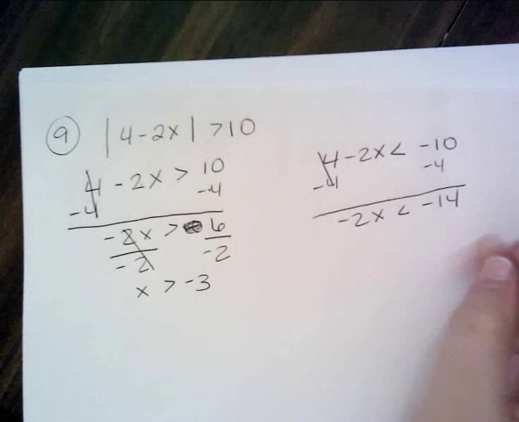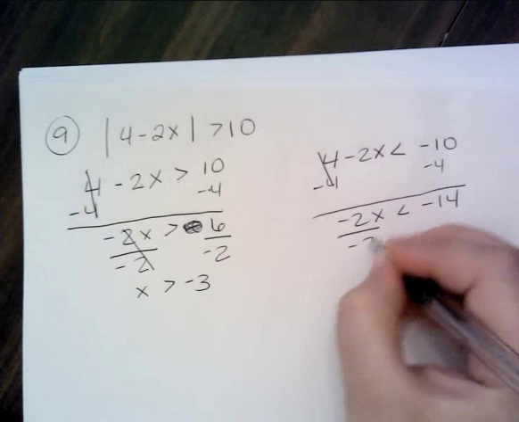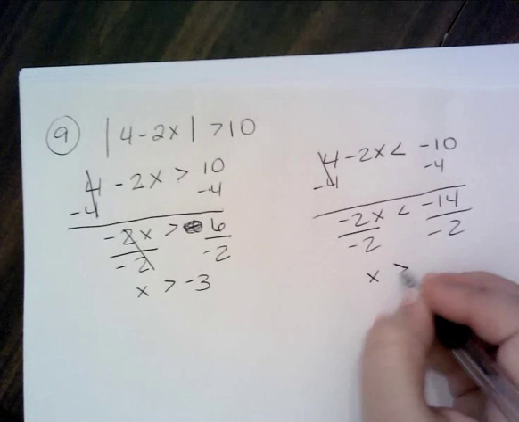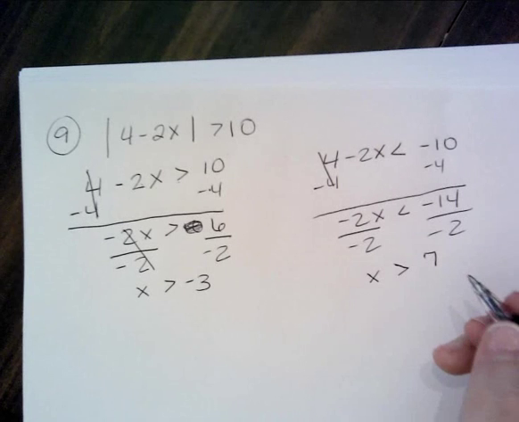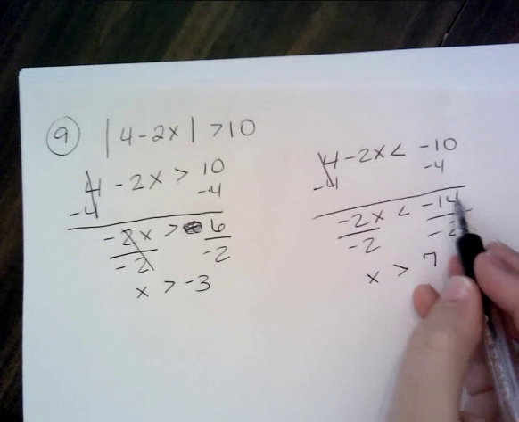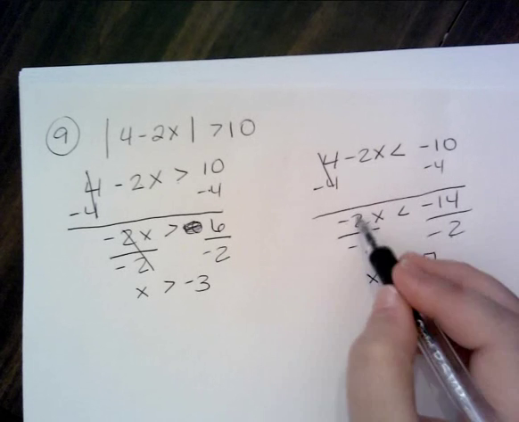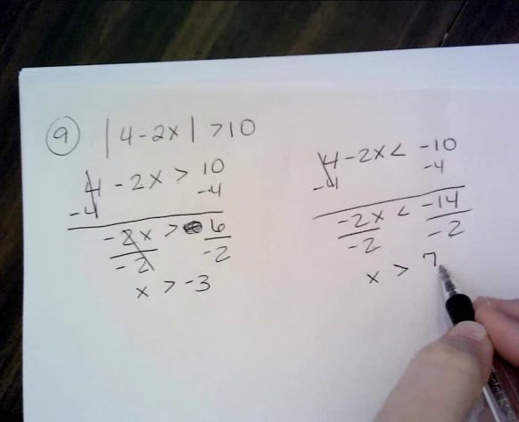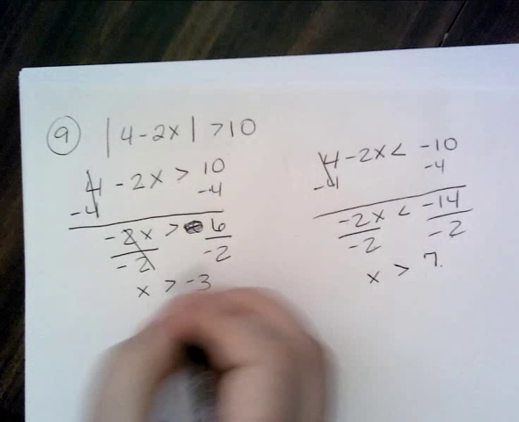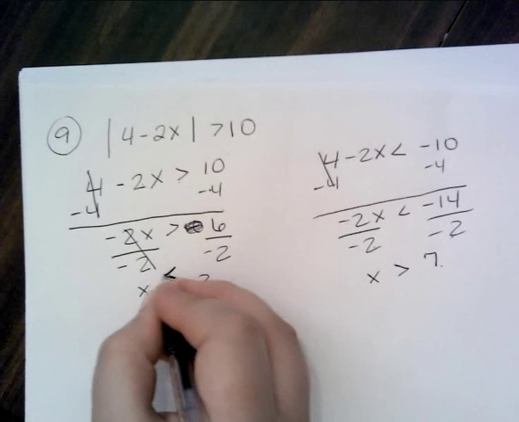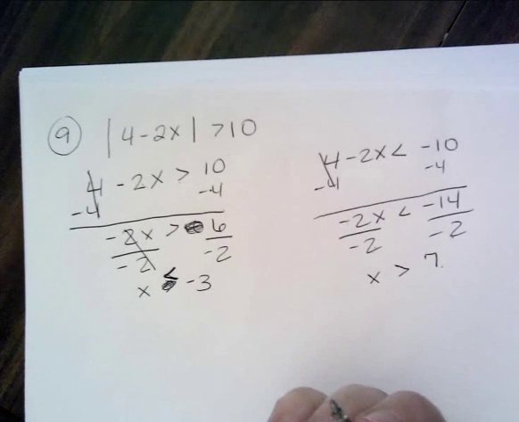When you divide by a negative, that flips the inequality sign. So since we did that over here as well, our inequality sign should have flipped. Okay?